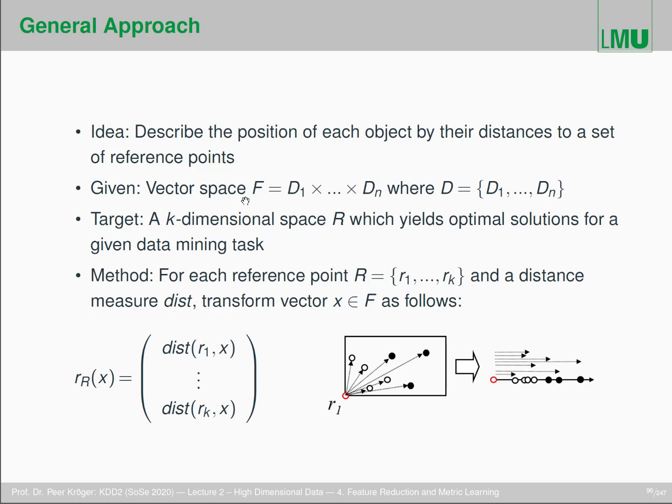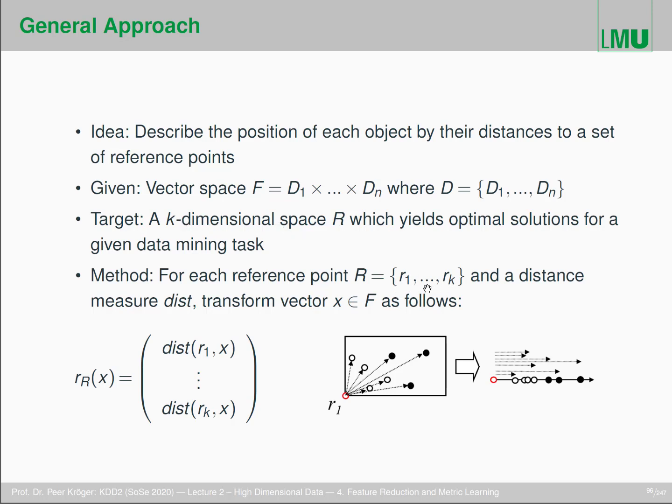A little bit more formally, you have an n-dimensional vector space, and a k-dimensional space is the target, which yields an optimal solution for a given data mining task, of course. For each reference point, you select a set of k reference points, because you want to end up in a k-dimensional space.